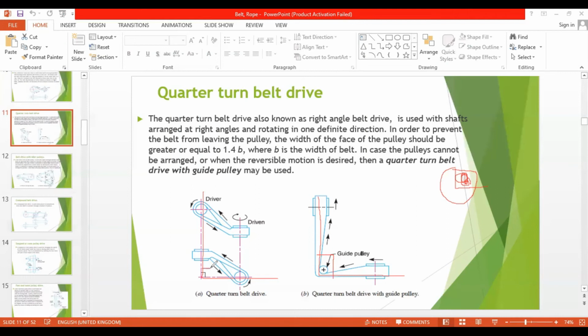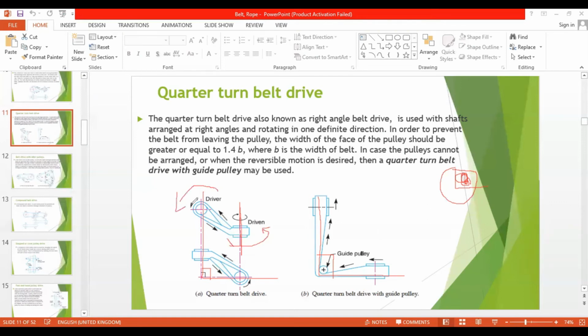Right angle belt drive is used with shafts arranged at right angles and rotating in one definite direction. So for this, the shafts need to be arranged at right angles. Here you see this shaft is arranged this way and rotating like this. But this other shaft is going inwards and rotating like this.